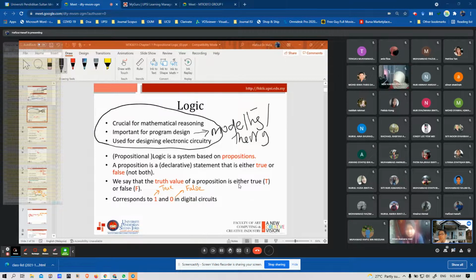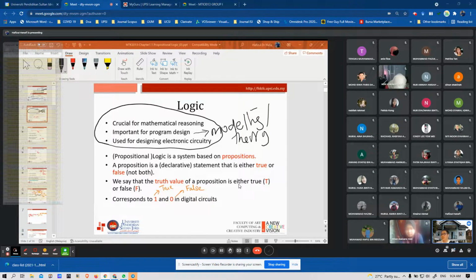It cannot be both. It is a descriptive statement and we can say whether it is right or wrong. We can say that the truth value of a proposition is either true or false, and it must correspond to 1 and 0. Why do we have 0 and 1? Because 0 and 1 is a binary representation that can be understood by digital systems and also the computer.